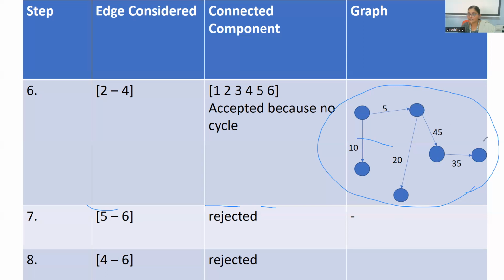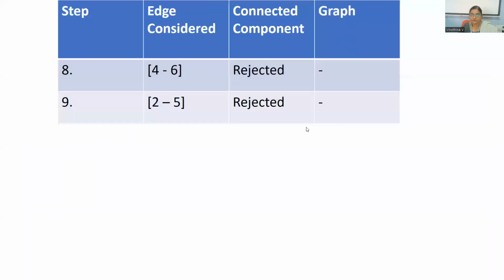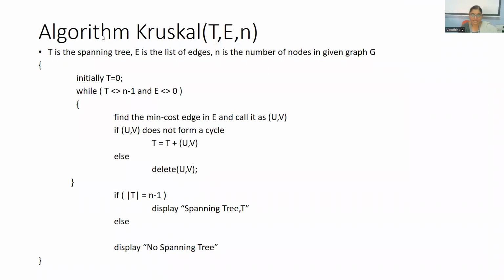So this is the spanning tree, a minimal cost spanning tree, because every time we are choosing the edge with the minimal cost. 4 to 6 and 2 to 5 are also not added because they form a cycle. And this is Kruskal's algorithm.